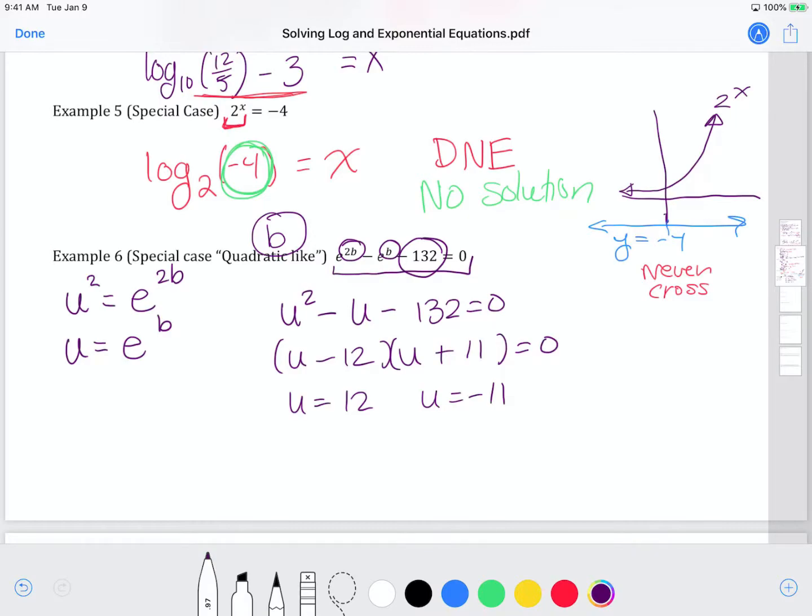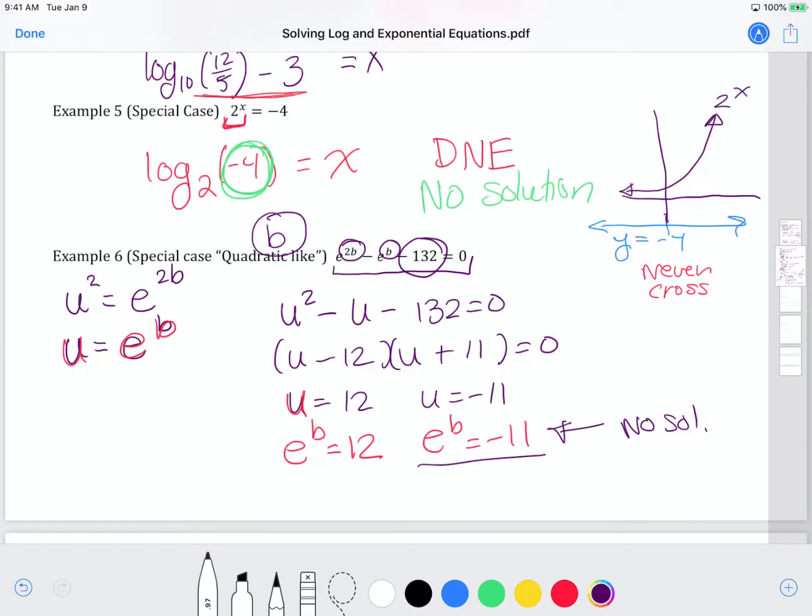So I have to go back and resubstitute for u. So we said u is equal to e to the b. So I'm going to replace u with e to the b. So I have e to the b is equal to 12, and e to the b is equal to negative 11. This mini equation here has no solution.